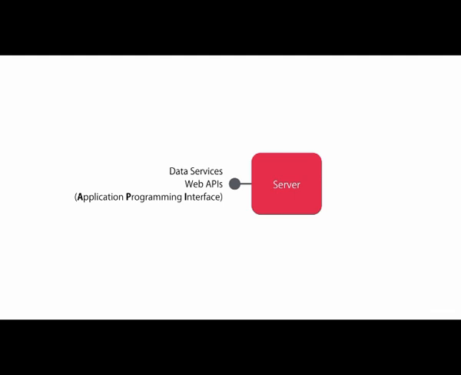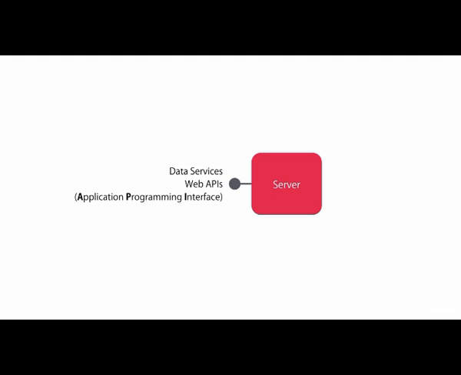Now, these web APIs are not just for building mobile and tablet apps. Other websites can consume our web APIs and build new functionality. For example, many popular websites like YouTube, Facebook, and Twitter expose public data services which we can consume in our web applications. We can merge their data with the data in our application and provide new experiences to the user.